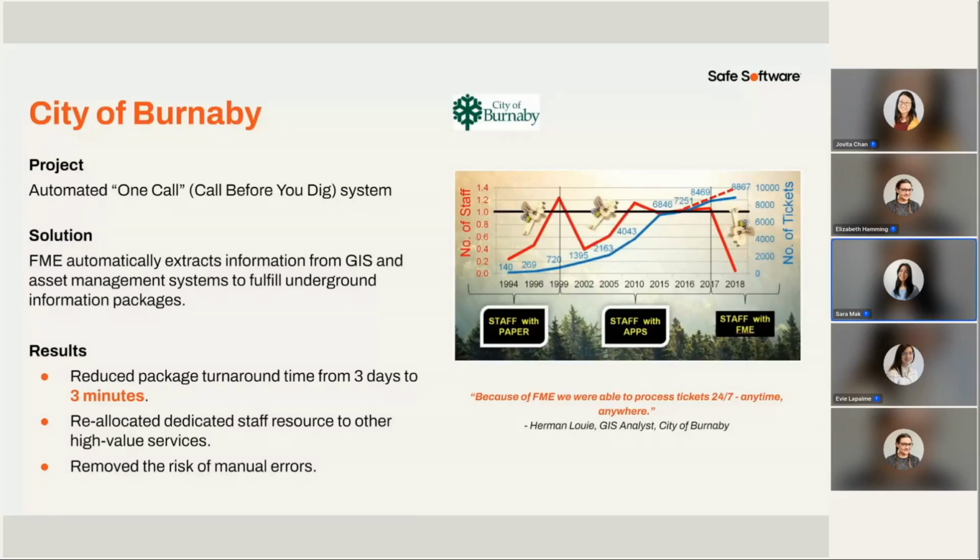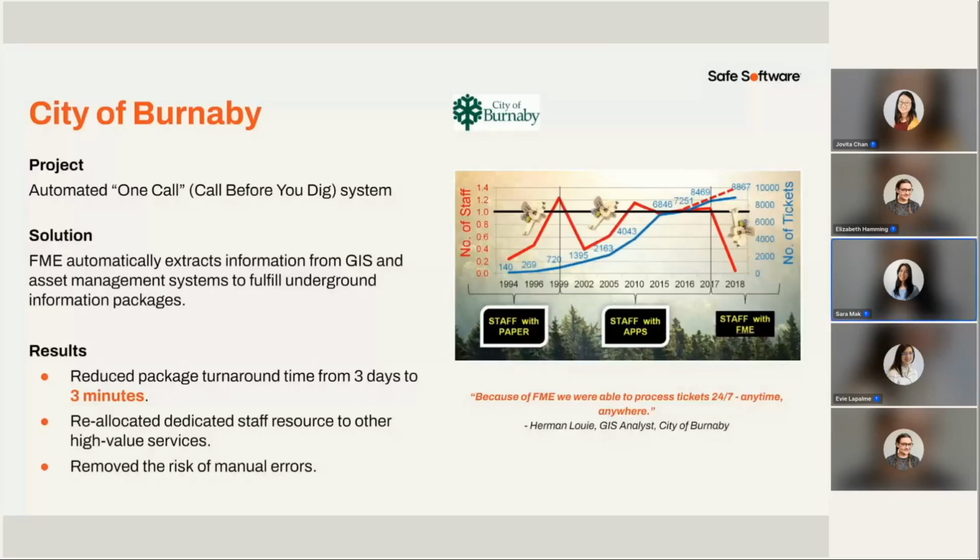However, the problem they ran into might be considered a good problem, but it was still a big problem nonetheless. The city grew very, very quickly, and as a result, the volume of requests increased by 6,000% over just 2 decades. So you can imagine it was impossible to manually keep up with it all.